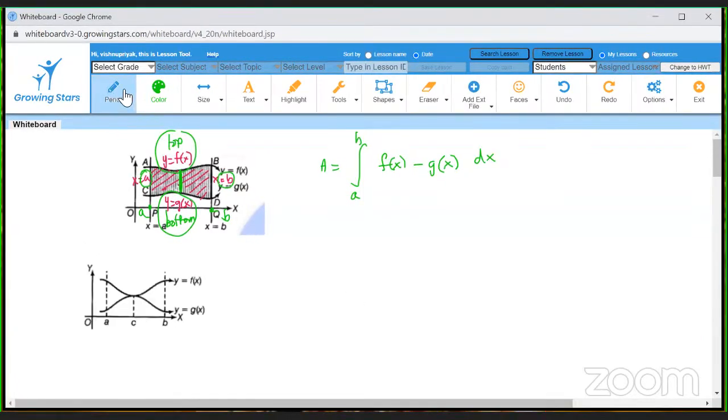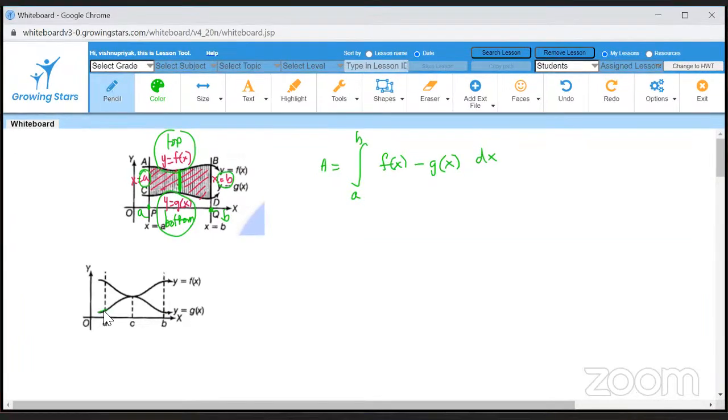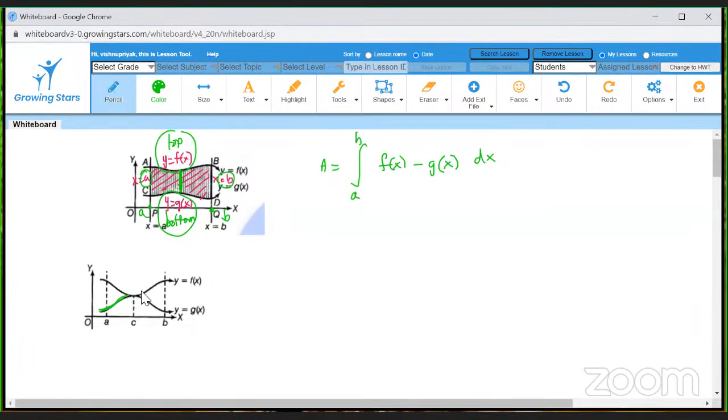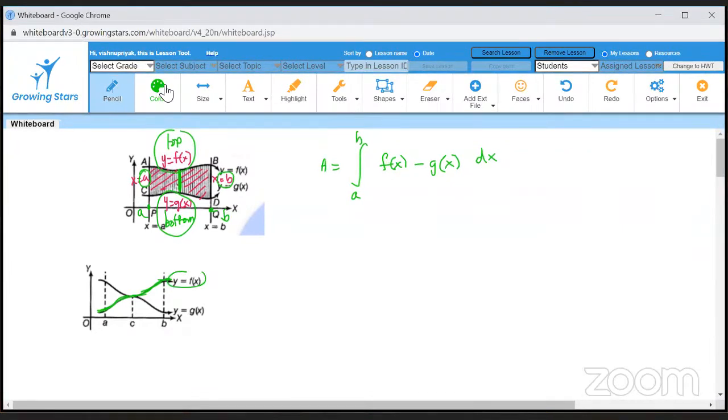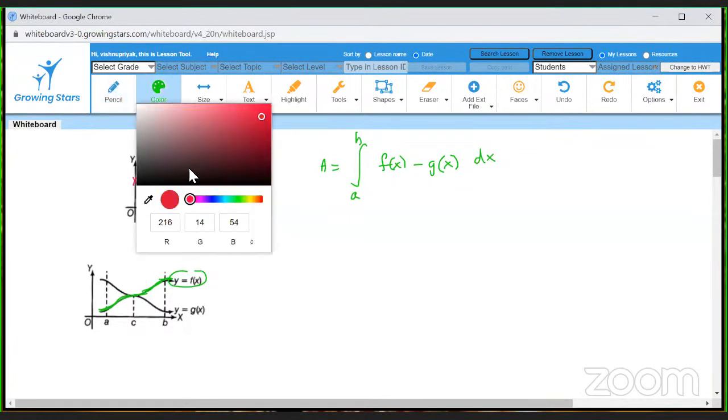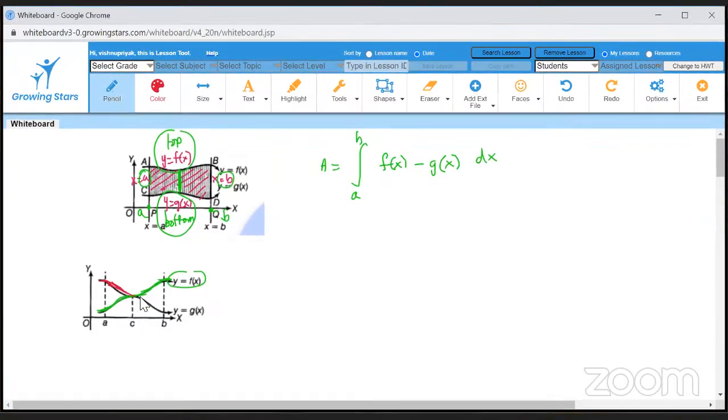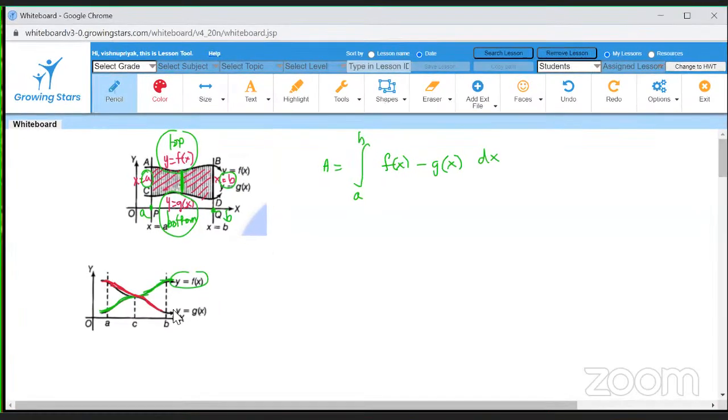See, if the graph is like this, what is happening here? This is the graph of f of x, in green color. And in red color, this is the graph of g of x.